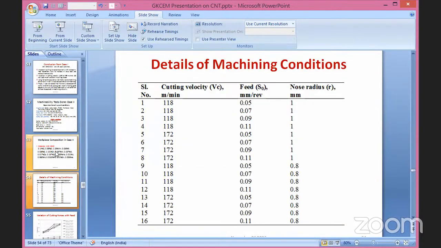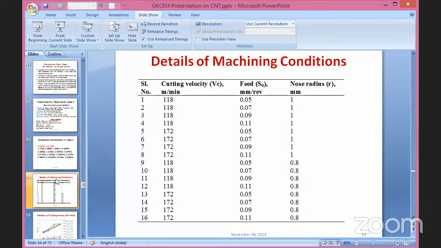Now, what are the experimental conditions? The cutting velocities are 118 and 172, and feeds are varied 4 times: 0.05, 0.07, 0.09, and 0.11. And nose radius is varied 2 times. So a total of 16 experiments are conducted using these variables.